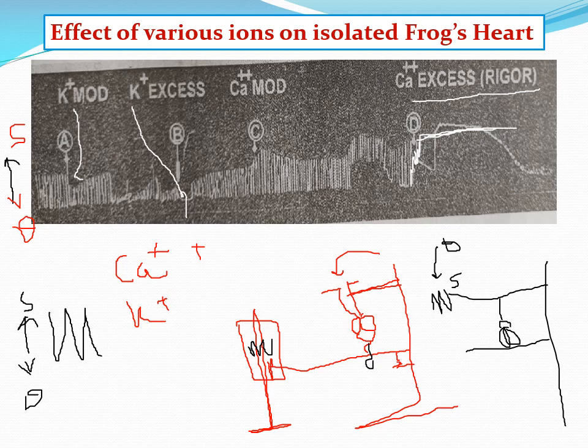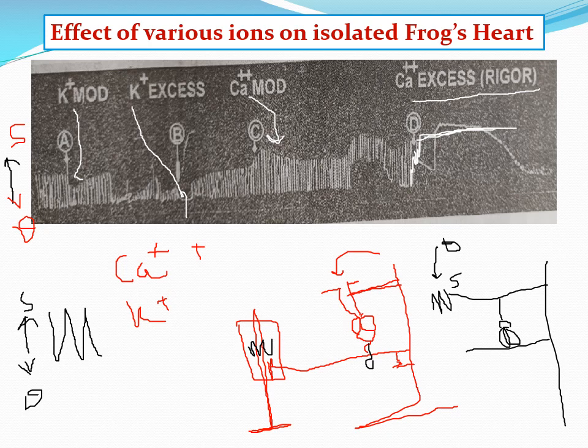Then effect of moderate calcium, there is an increase in force of contraction and heart rate. And effect of excess calcium, the heart stops in systole. That is called calcium rigor. So this is all. Up to this point, students, we studied the practical part of recording.